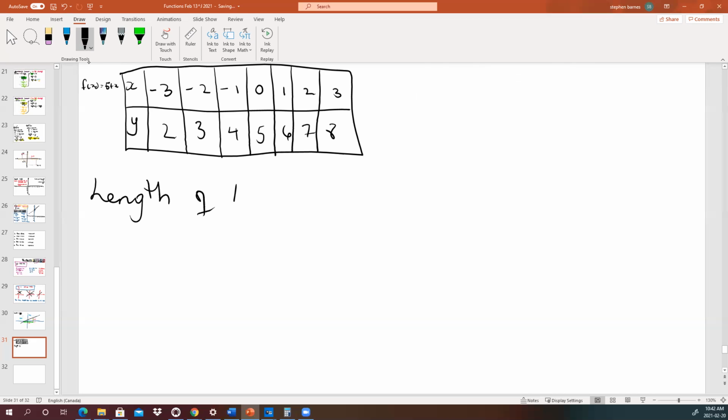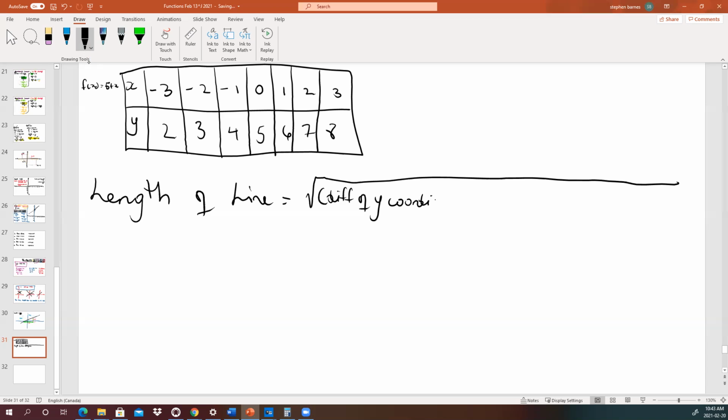So the length of a line, and some books will call it distance, it's the same thing. It's the difference of y coordinates squared plus the difference of the x coordinates squared.